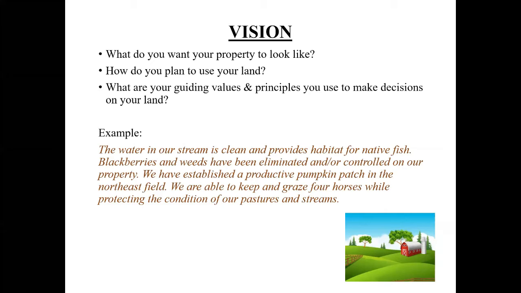An example of a vision would be, as you can see here, a landowner who said the water in our stream is clean and provides habitat for native fish. They wanted blackberries and weeds eliminated or controlled. They wanted to establish a productive pumpkin patch in their field. And we want to be able to keep and graze 4 horses while protecting the condition of our pastures and streams.